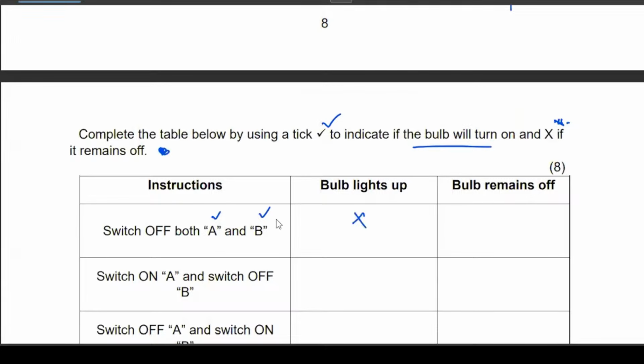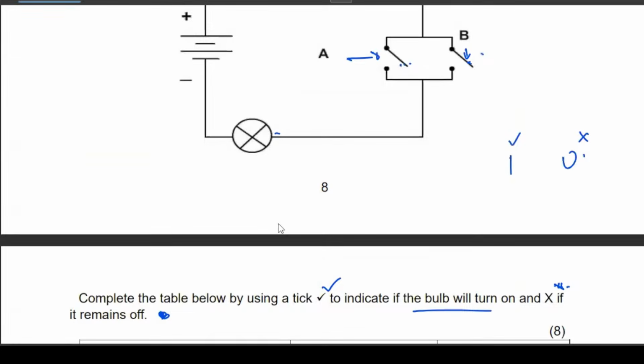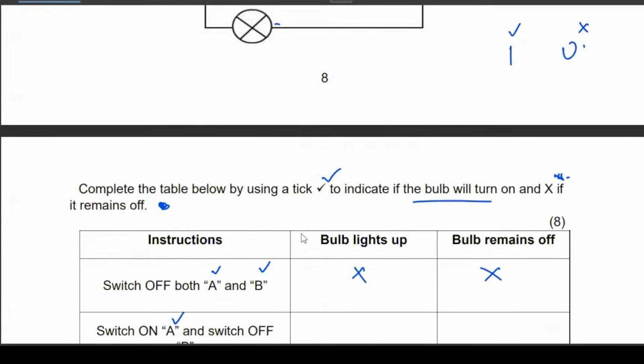And then you switch on A and switch off B. So current will be flowing via this route, so it's going to light. The bulb lights.